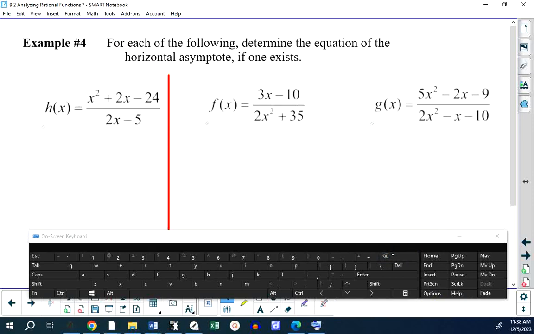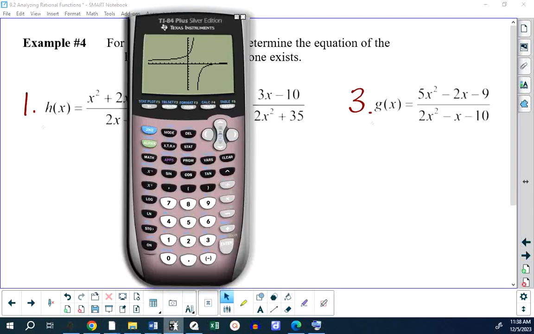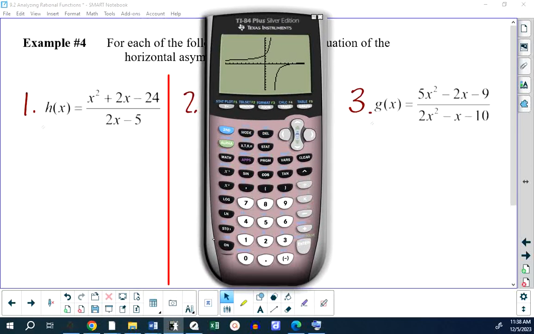So, for each of the following, determine if there is a horizontal asymptote. We're going to do this on our graphing calculator. So you're going to enter this in for y. X squared plus 2x minus 24 divided by brackets 2x minus 5.